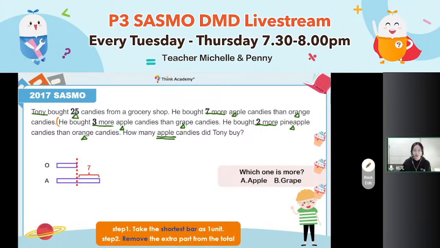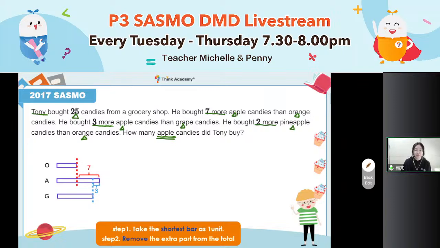Apple more, grapes less. So we need to draw a shorter bar than the apple. Don't forget to label the number 3. 3 more apple than grapes. This is the difference between these two bars, apple and grapes. So we need to draw a dashed line here. This part shows a 3.